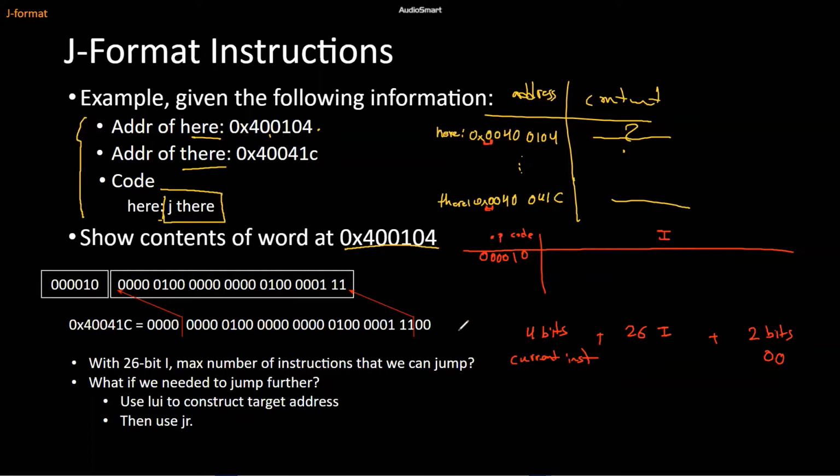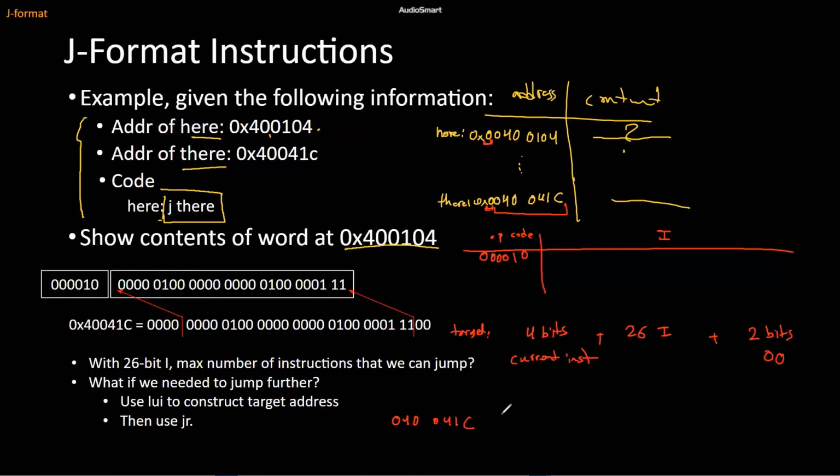That's the target address you're jumping to. So these 4 bits are coming from this line, and it has to match. That's good news, because both of them are 0. So the I is going to come from here, the rest of that. I'm just going to put that down here: we have 0 4 0, and then 0 4 1 C.